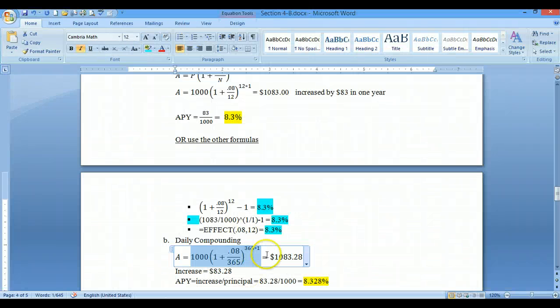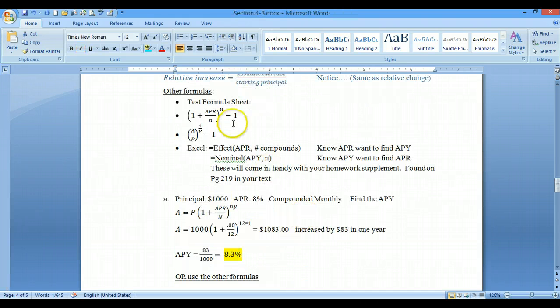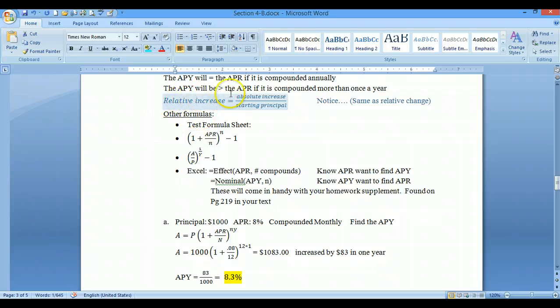$1,083.28, which is what I have. So that's good after compounding it every single day. And that means that I increased $83.28 because I started at 1,000. So that's my absolute increase. Or to find the relative increase, new minus old over old.